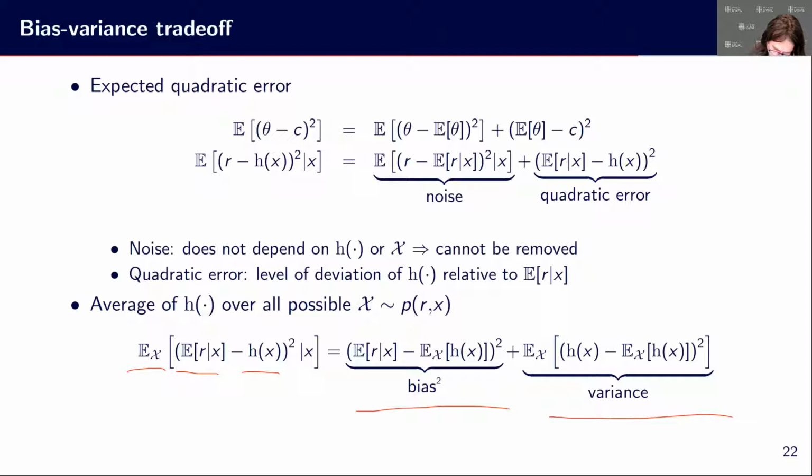Bias is about how biased our prediction is. Usually, if we have a strong enough model, the bias should be relatively small, equal to 0. The variance is something else. It is about the variation of H versus what we expect as H over all the data sets.